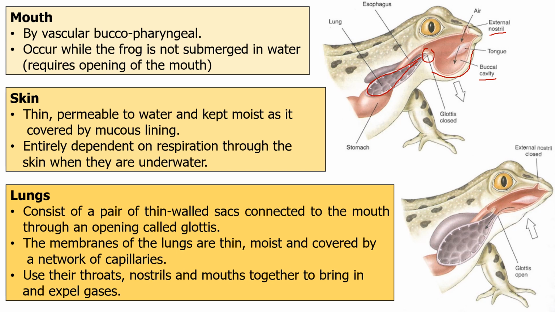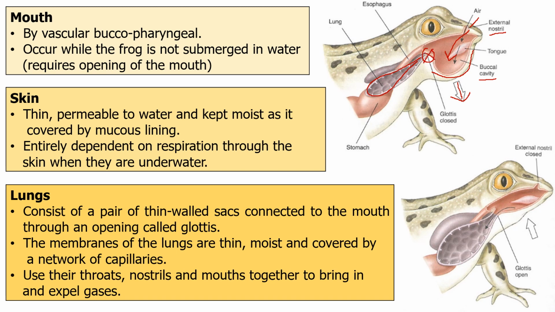So when the frog is not submerged in water, the frog will breathe using its mouth. The first step is it will open its nostril to let the air enter. So the buccopharyngeal floor will be lowered. At the same time, it will close its glottis.